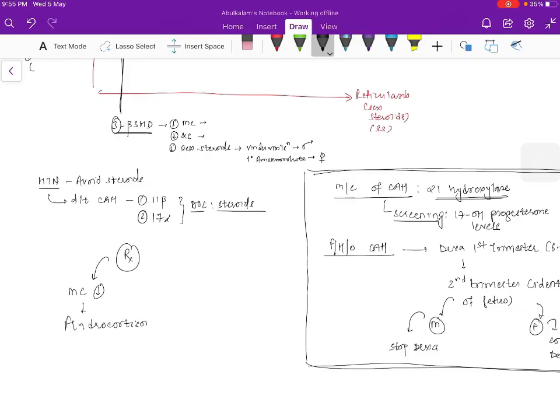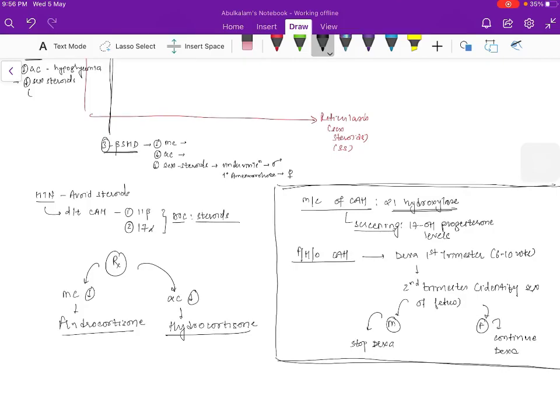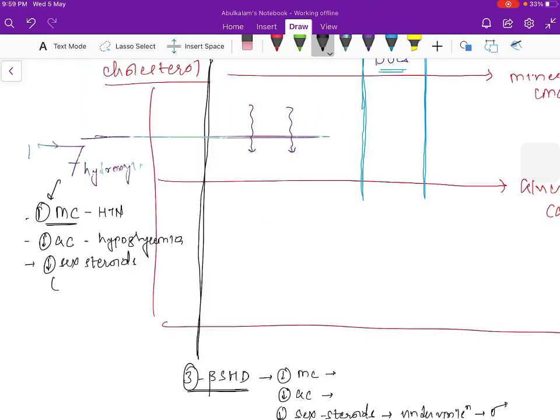Fludrocortisone is one drug which has got pure mineralocorticoid activity. And if the glucocorticoid is deficient, we give hydrocortisone. That is one of the most important drugs. You might have seen the use in anaphylaxis. So we give hydrocortisone. This is general management of CAH.